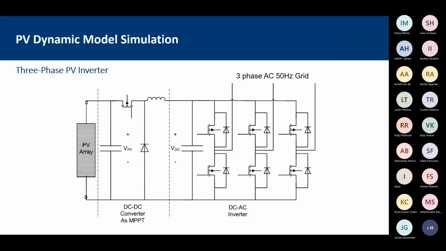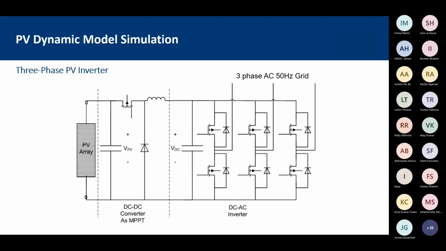Obviously, every manufacturer has their own design and own principle of operation for their inverters, but a generic PV system can be designed like this. If we go into detailed design, then obviously we need to look at the manufacturer's data and specification.